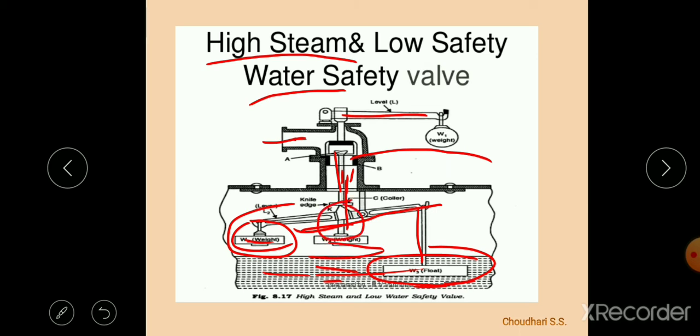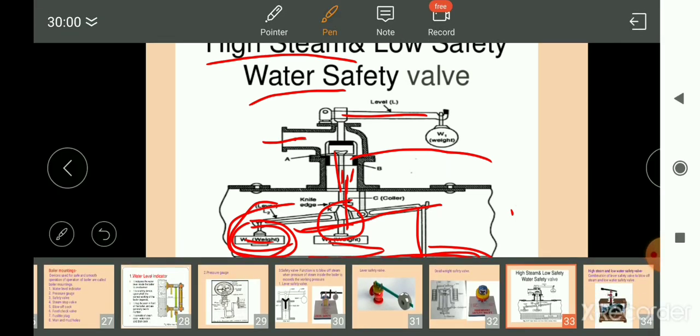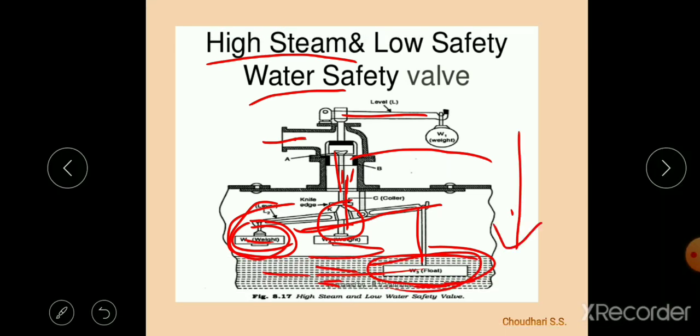At this point is the fulcrum. When the water level drops below its permitted level, W2 will rise, and this weight is not able to balance the weight W3. In that case, when the water level drops, the weight starts moving in the downward direction.